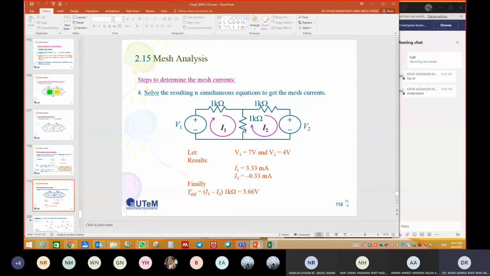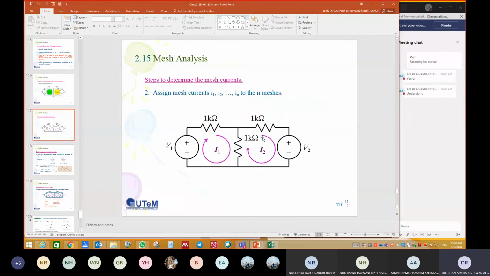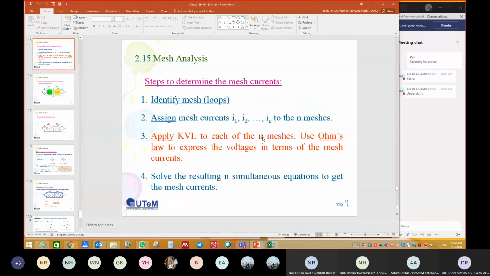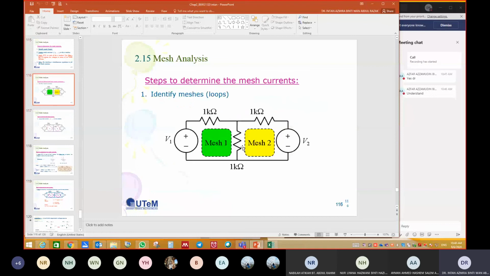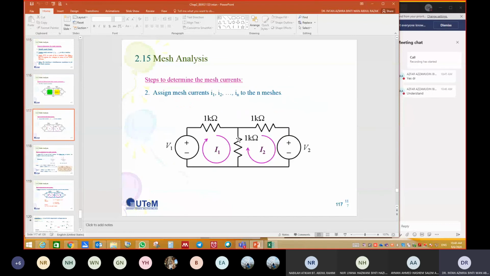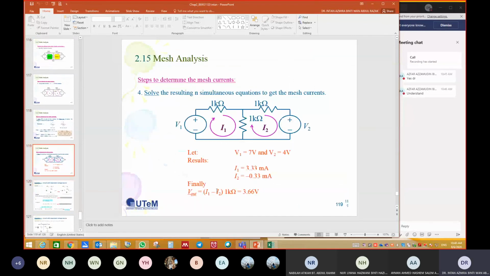It is sharing of I1 and I2. Okay, V out, where is V out? Oh, V out is at the middle. Let's say V out is the voltage at the middle. So V out is equal to, how to get it?